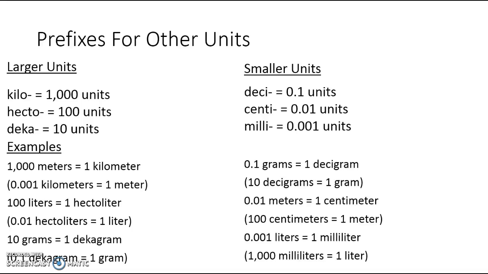And finally, 1,000th of a liter is equal to a milliliter. 1,000 milliliters would be the same as 1 liter. Now we can mix and match these prefixes with any of our 3 units to create other units of measurement. For example, we could combine hecto with meter and have a hectometer.